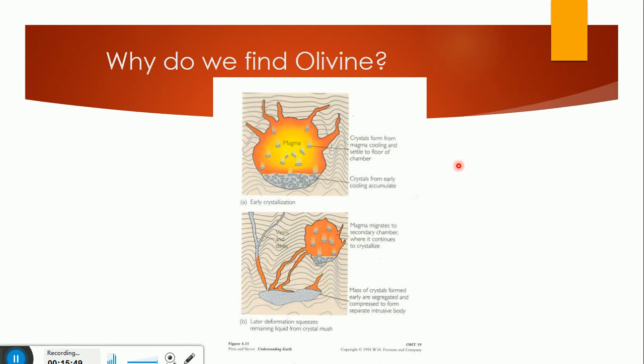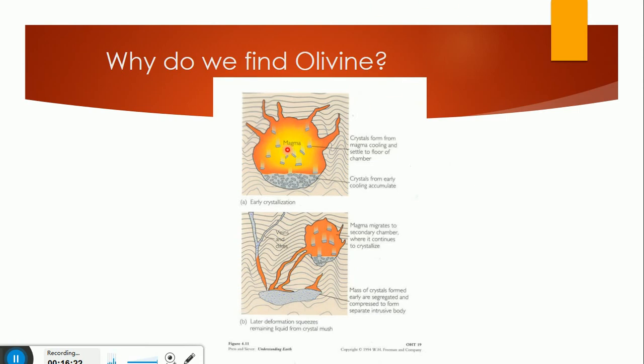At this high temperature, when the magma cools and comes to this temperature, the first crystal that forms, from the temperature point of view of the magma, is olivine. Hence olivine is generated first. I hope you understand why olivine is generated first.